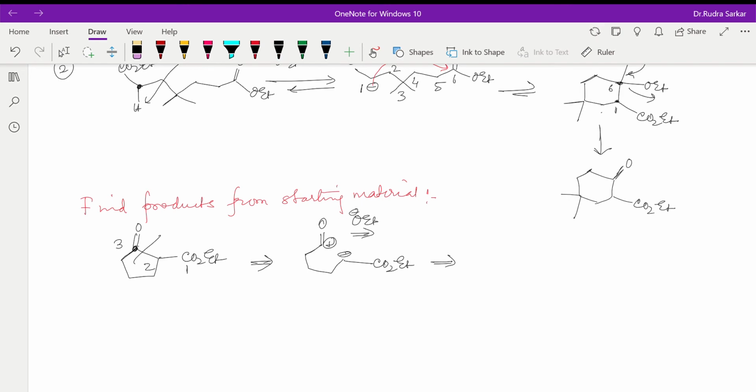Addition of minus OET over here like this. And here you add H plus. So the answer becomes now something like this. Okay.